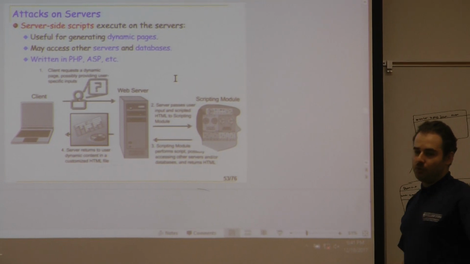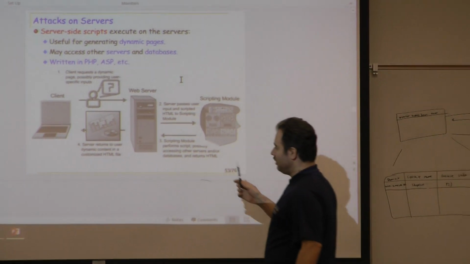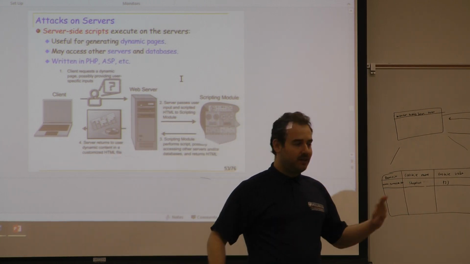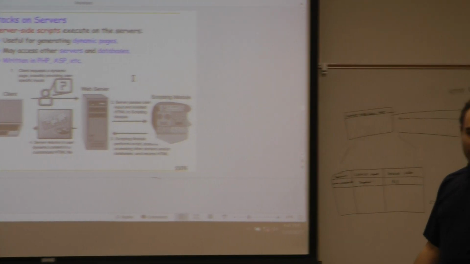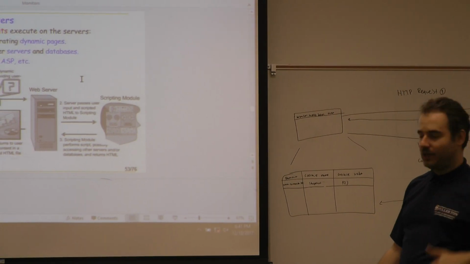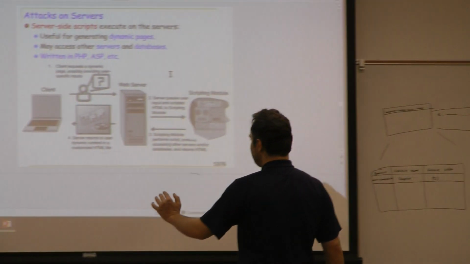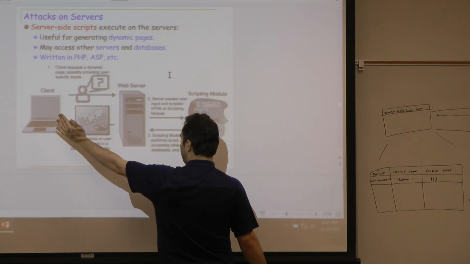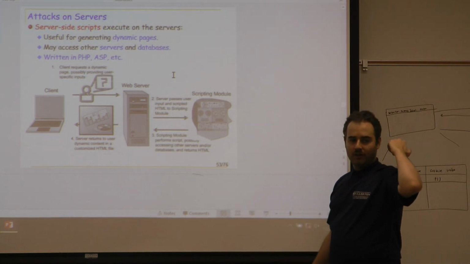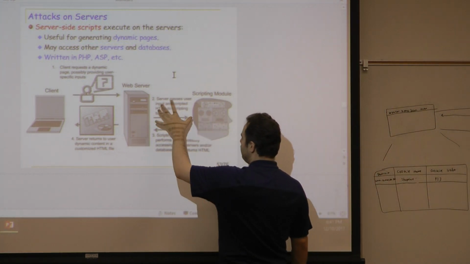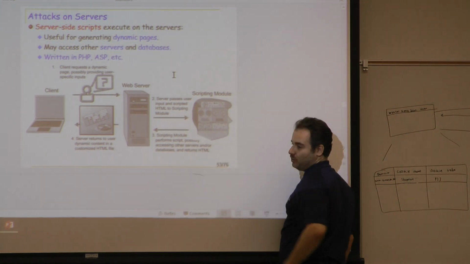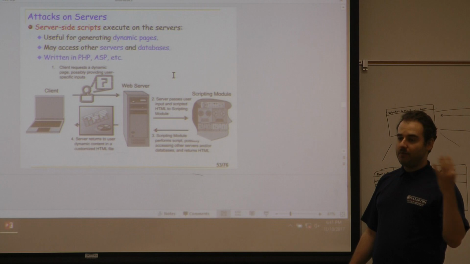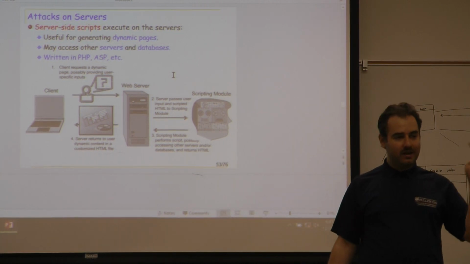The way that a typical web application works is you have a front end. The front end is basically what the users interact with, and in case of a web app, it's basically the pages that you see. So when you enter some kind of input on a web page, an HTTP request is sent to the server, and then the server uses some kind of a scripting module in the backend. Those can be written in things like PHP. They can be written in, if you're a Microsoft guy, ASP.